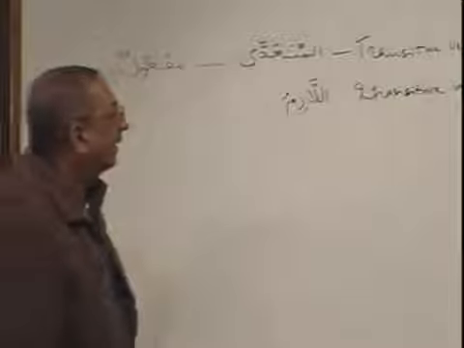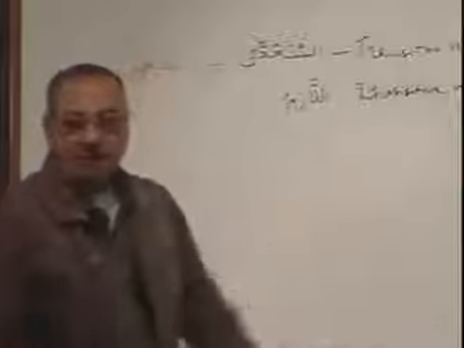Okay? Now, in an intransitive verb, there is a fi'l and there is a fa'il, and they give us complete sense. There is no need for an object. It means fi'l and fa'il are happy together. There is no need for anybody else to come in their lives. So if I say, Muhammad sat, he sat.